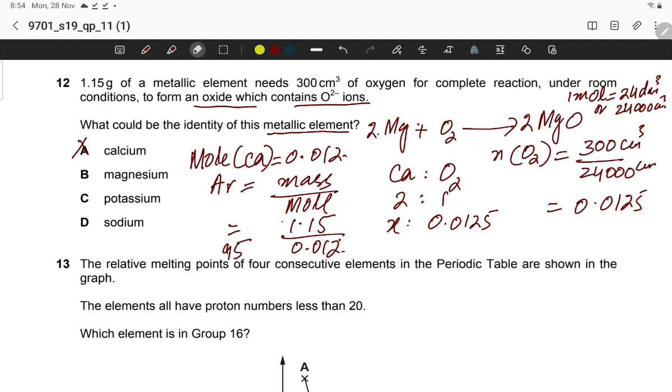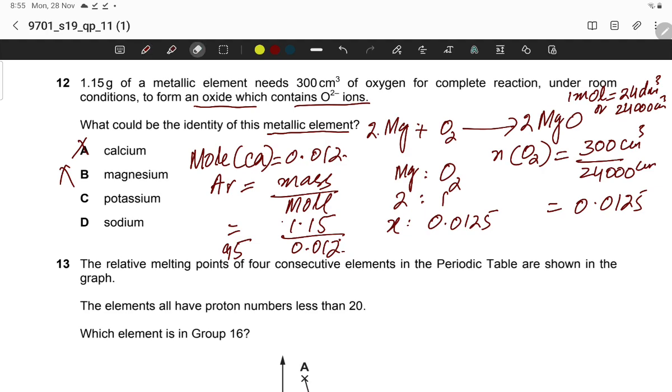So let's calculate the same moles, magnesium and 1.15. So this is also incorrect.